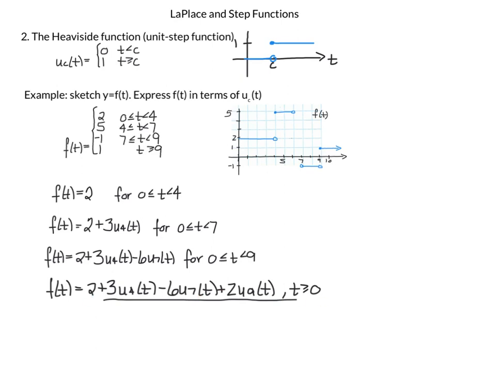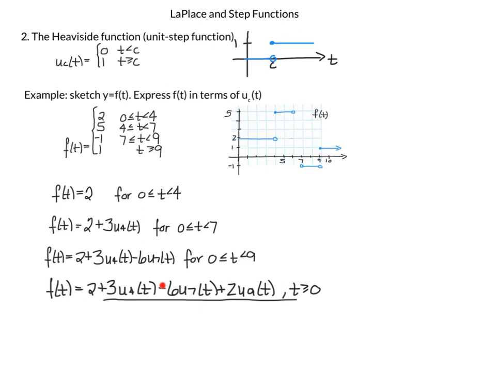And just to summarize, the u 4, u 7, and u 9 are all equal to 0 when t is less than 4. So f of t is equal to 2 between 0 and 4. And then when we hit 4, these two are still equal to 0, but u 4 becomes 1, and we multiply that by 3, so added to the 2, we have 5.